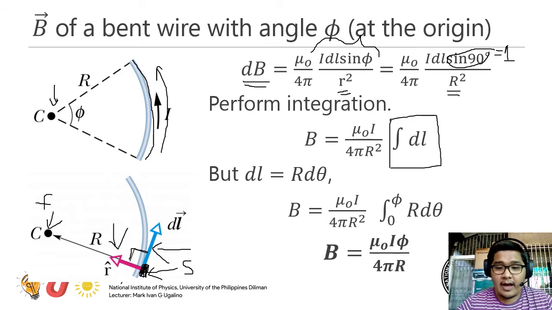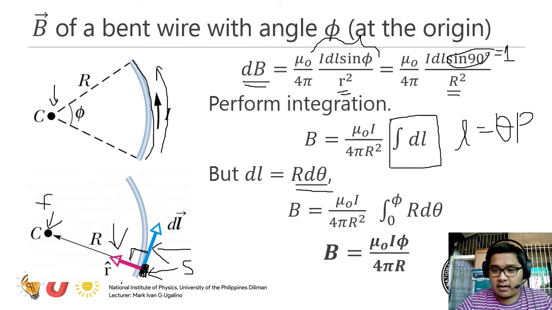Now the reason why we got this is because dl in this case is just equal to R multiplied by d theta. Remember that the arc length L subtended by an angle theta with radius R is just theta R. And the infinitesimal dl is just equal to capital R multiplied by d theta.